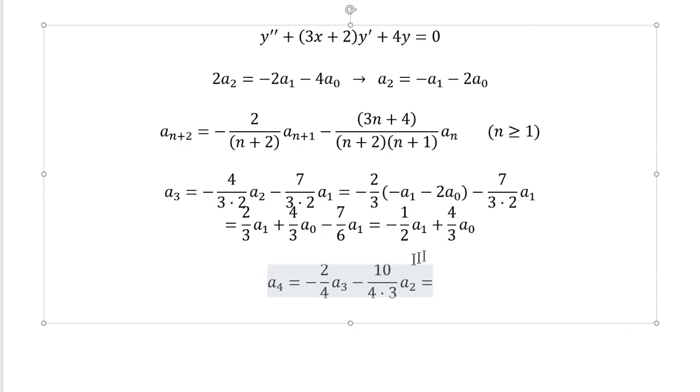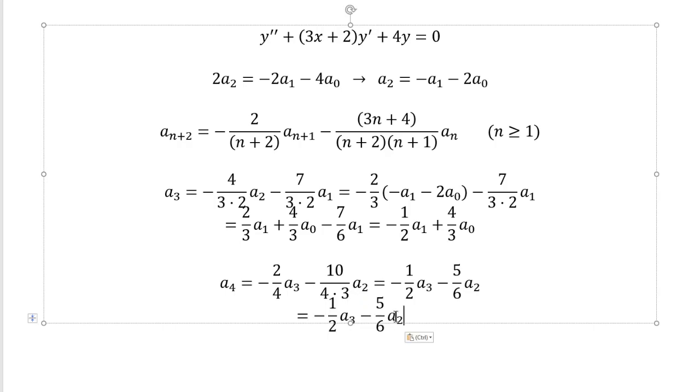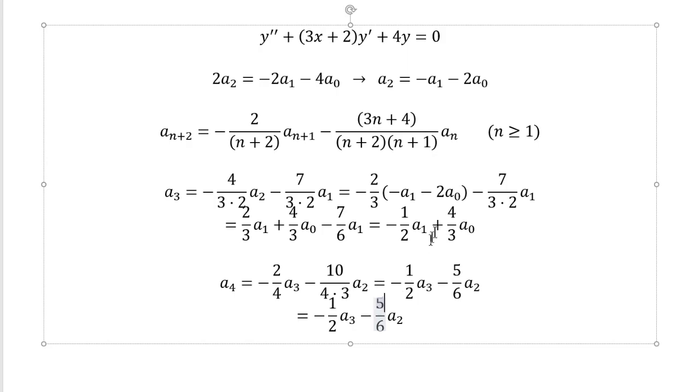And again, you have to rewrite a3 and a2 by the ones that you found previously. But let's first simplify this. So that's like negative 1/2 a3, and then minus 5 over 6 a2, and then now you replace a3 and a2 by the values you found.